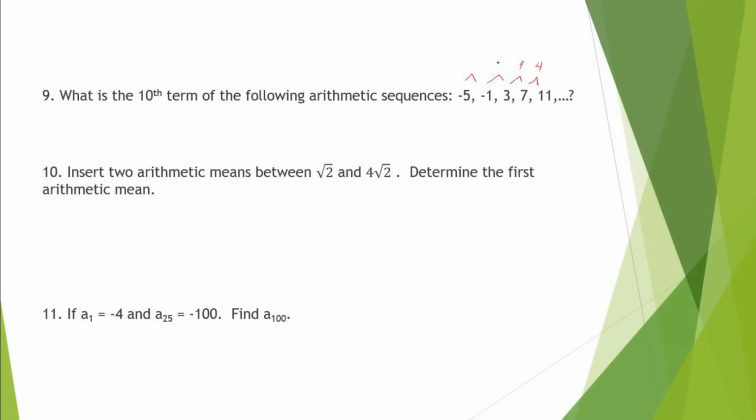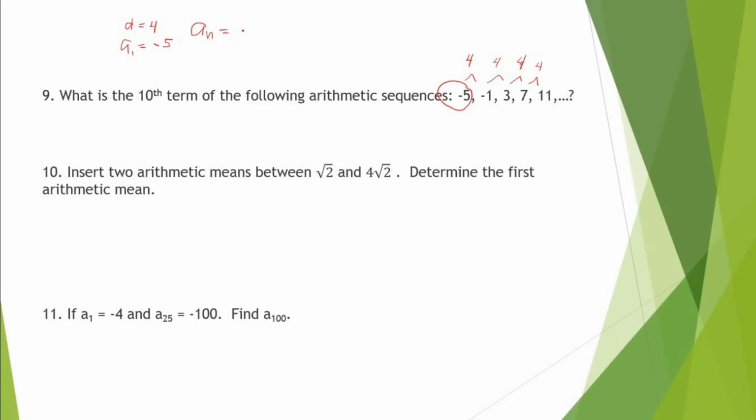And this also has a common difference of 4. And this also has a common difference of 4. So we can see that our d is equals to 4, and our first term is equal to negative 5.